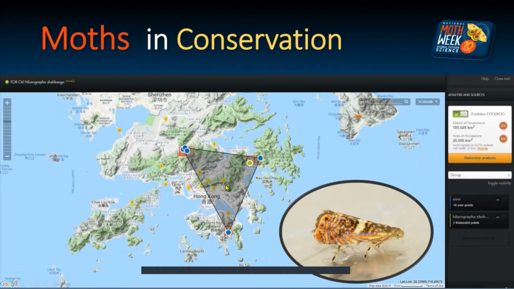The problem is that because we do know there's lots of data for Hong Kong, we can be fairly confident that these dozen or so observations of this rather rare species are a true reflection of its rather perilous state. But for most of the species we have in the world, we don't have good data like this. So National Moth Week really makes a big, big difference. Every single record counts.